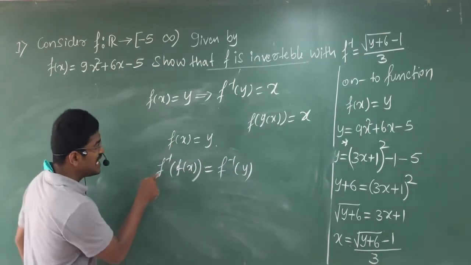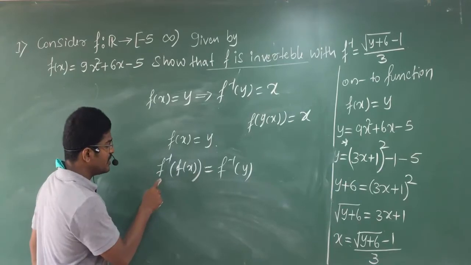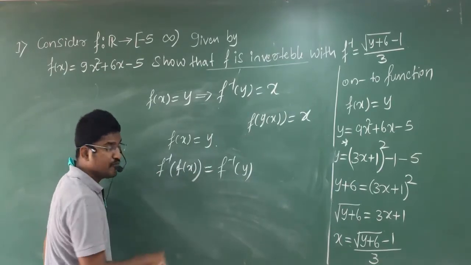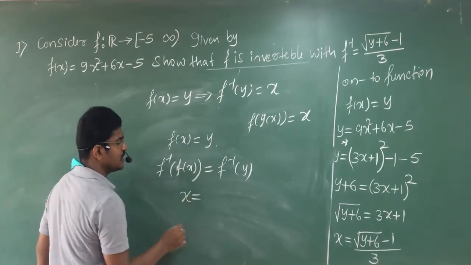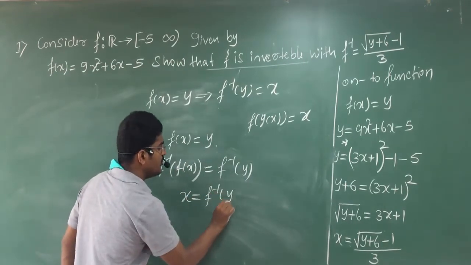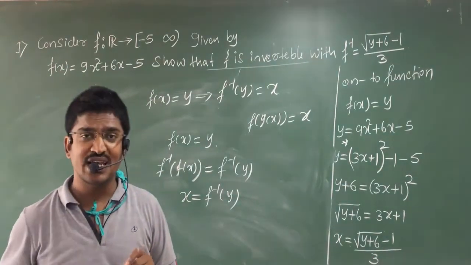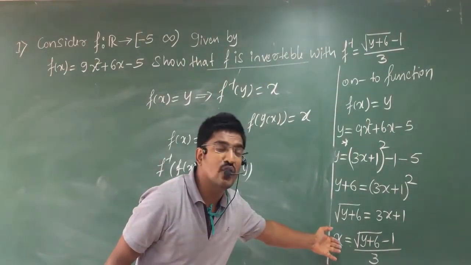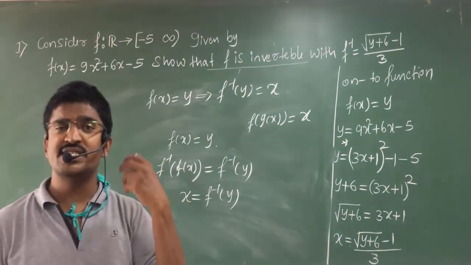See here, f inverse of this f, clear? It will give you x equal to f inverse of y. I think this doubt is also cleared. You know x is equal to this term, that term has to be written here, then your problem is over.